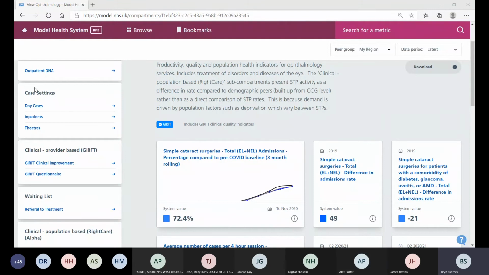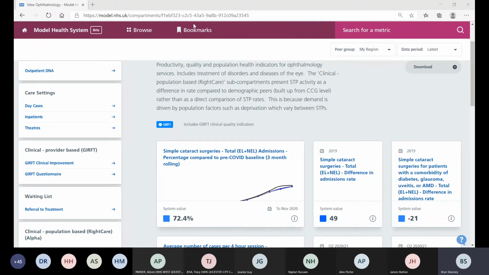For example, within ophthalmology, we'll probably be introducing pathways for cataract and glaucoma and medical retina. The intention is that we'll pull together the key metrics across the pathway, including Rightcare and GIRFT and outpatient, similar to the pathway in a page approach that we've got within the Rightcare packs, but very much bringing in that GIRFT and secondary care acute data as well.